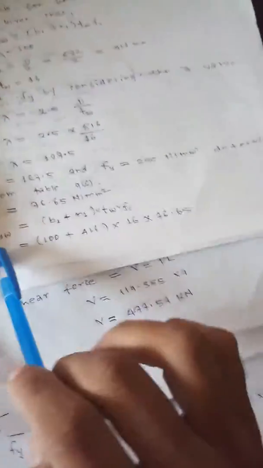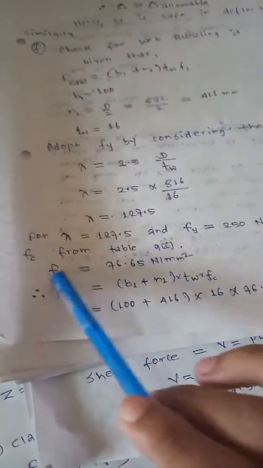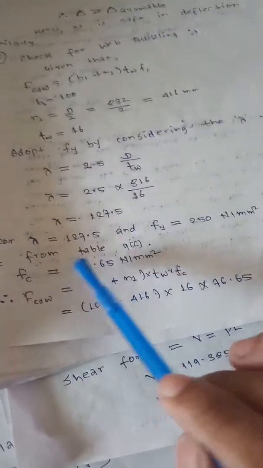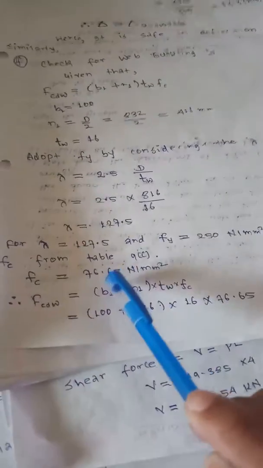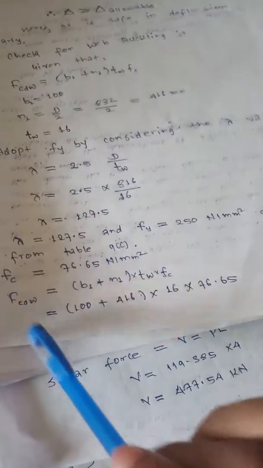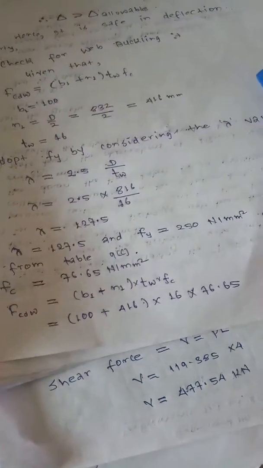So from the code book we can calculate fc, which is equal to 76.65 Newton per mm square. Now we can check for the web buckling also.